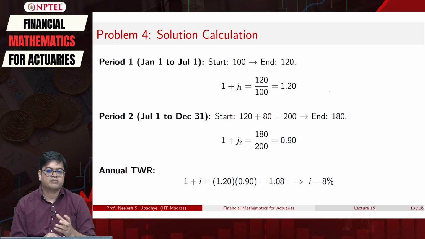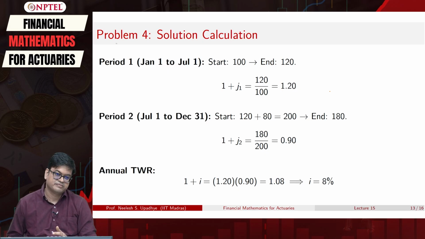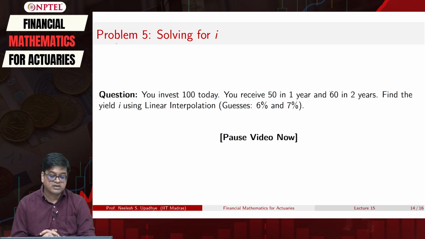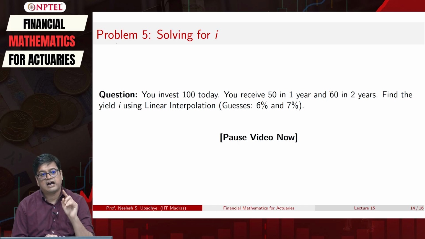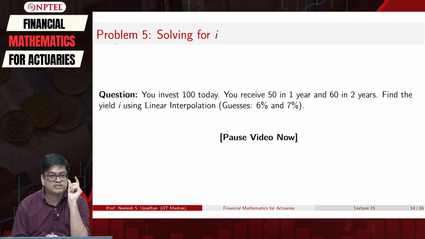Now, let us take one problem where we are solving for an unknown interest rate, and that will be our last problem. Here you need to use the interpolation formula, which is mentioned explicitly. If you recollect, in lecture number 13 we did this interpolation formula, where we are guessing the two limits.